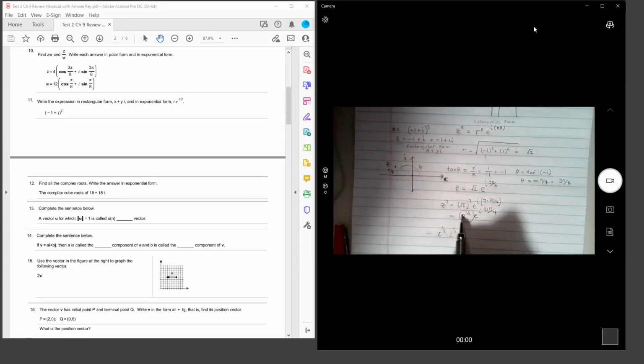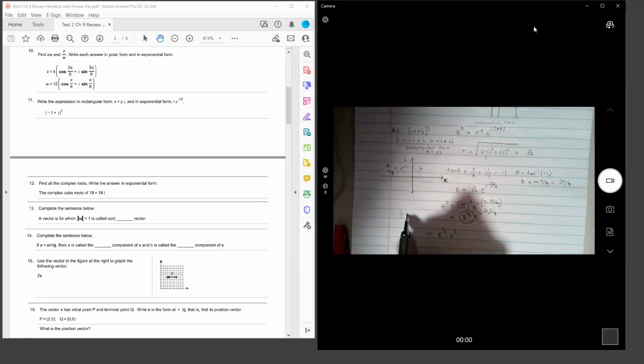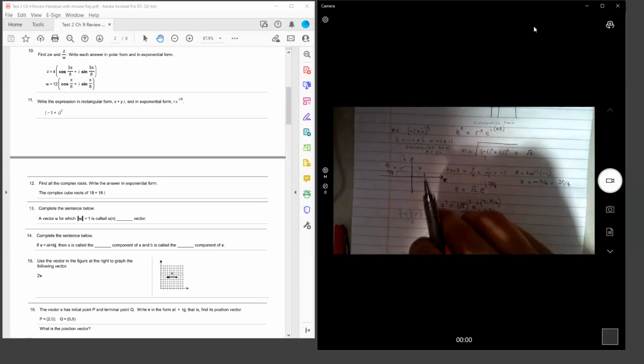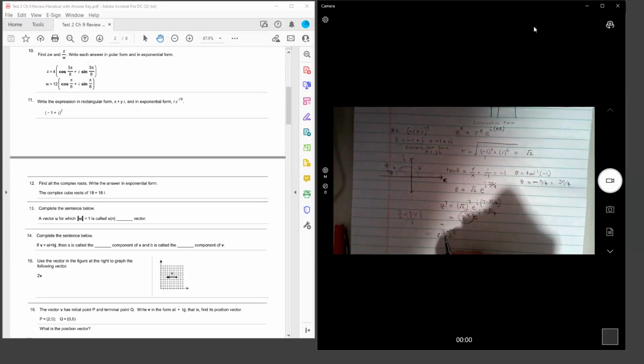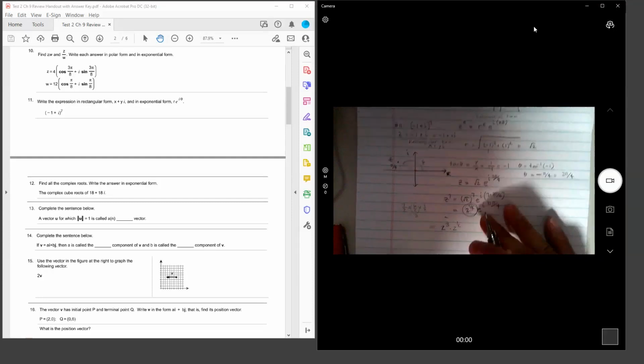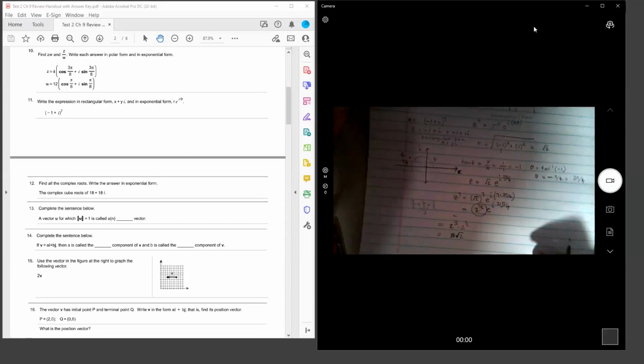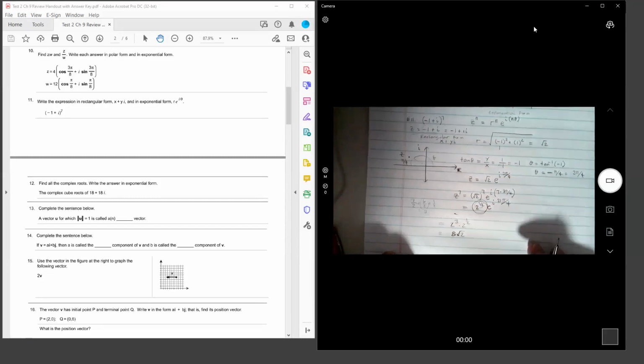So I'm kind of breaking this up. 7 halves is the same as 6 halves plus 1 half. And the reason for that is 6 halves is equal to 3. So I know that in this case, I am raising 2 to the 3rd power times 2 to the 1 half. This will just become 8 times the square root of 2. It's a little bit on the laborious cleanup side, but that's sometimes what we have to deal with.